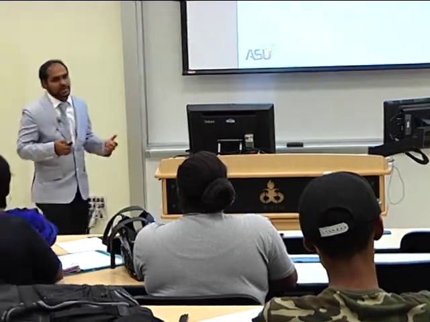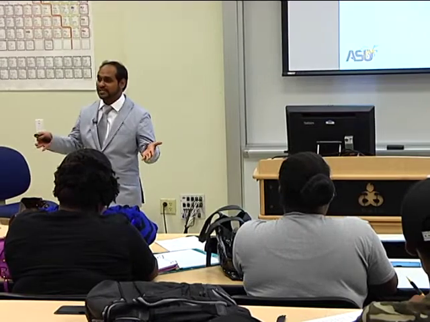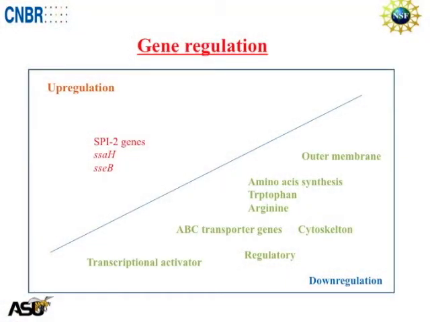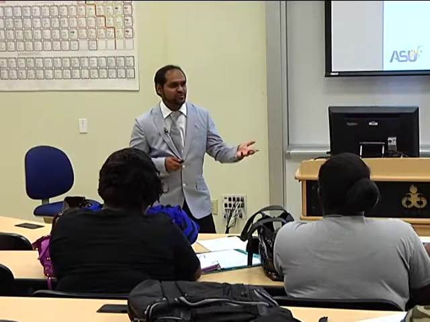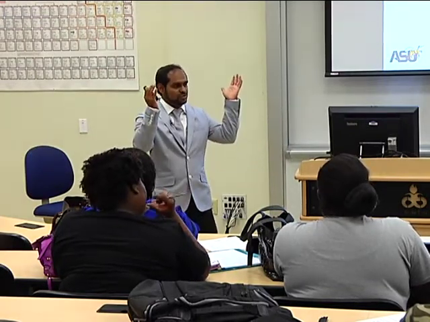Then some of the virulence associated genes. What is virulence, right? These are the factors which are required by bacteria in order to produce disease. Some of those factors were downregulated and some of them were upregulated. This upregulation could be a Phoenix effect, where you treat them with a particular concentration and it just boosts them up.